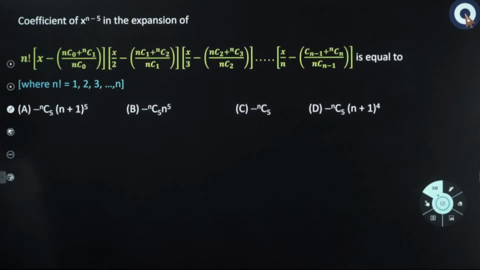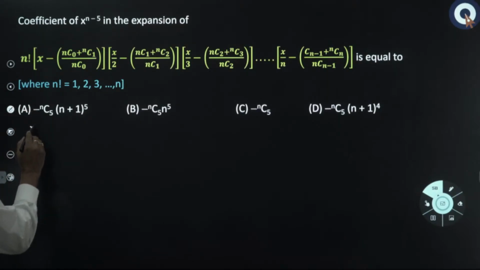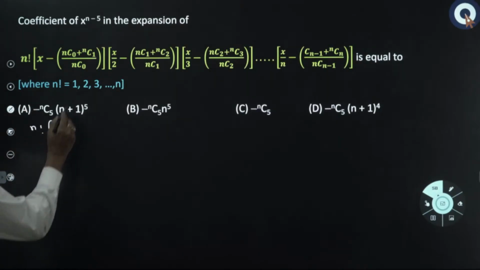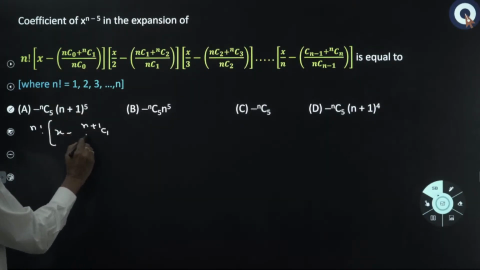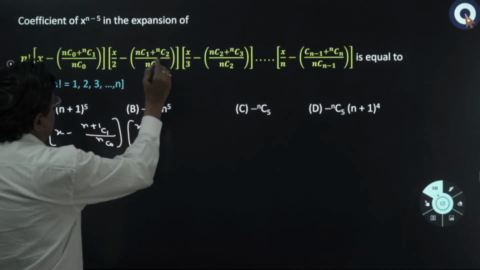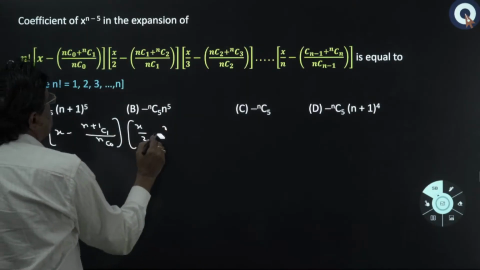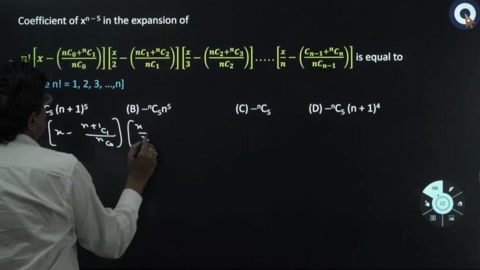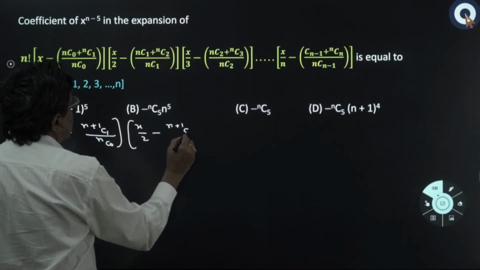Next, the coefficient of x power of n minus 5 in this expansion. So here, n factorial into x by 2 into nCr plus nC r minus 1 is n plus 1 C r.